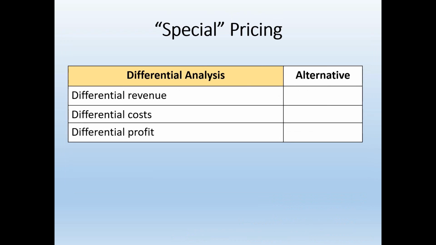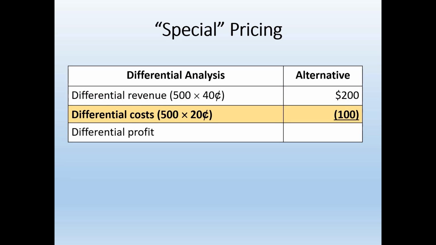A different way to analyze a special pricing decision is to use differential analysis. In this scenario, the firm only looks at things in its world that would be different if it accepted the order. In this case, the only difference in revenues is the 40-cent special price times the 500 special order units.